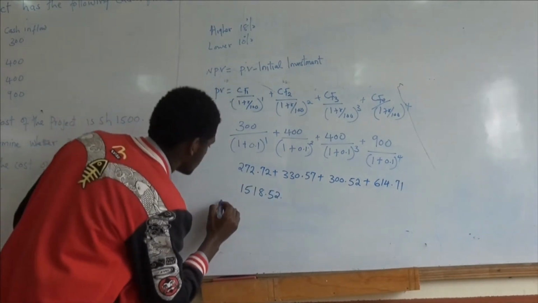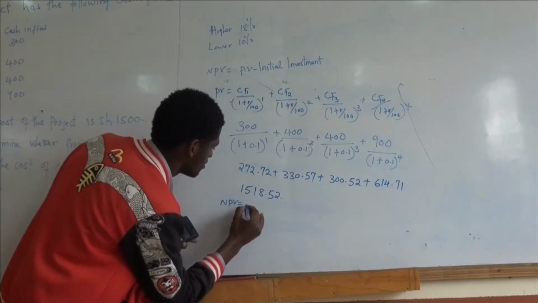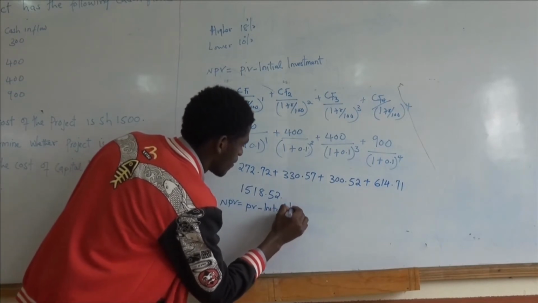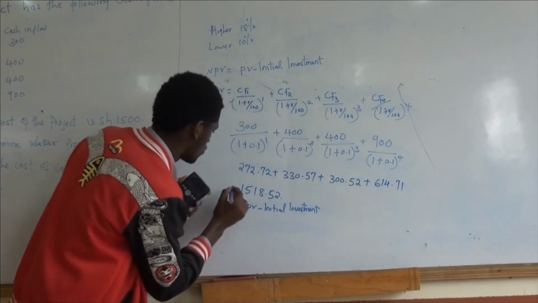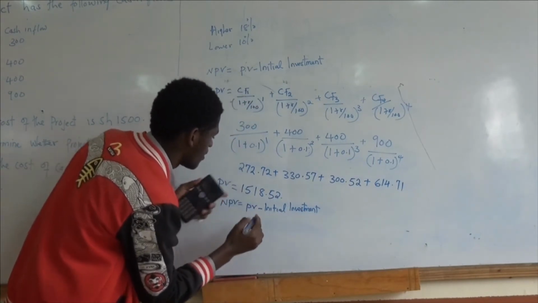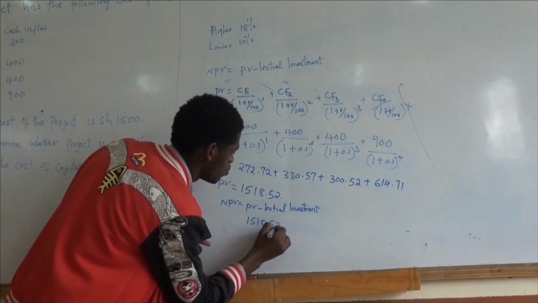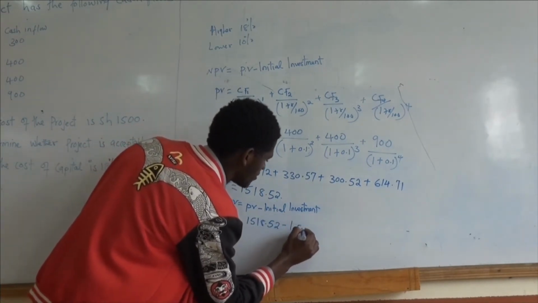So the net present value is equal to PV minus initial investment. The total PV here is 1,518.52 minus our initial investment, which was 1,500.